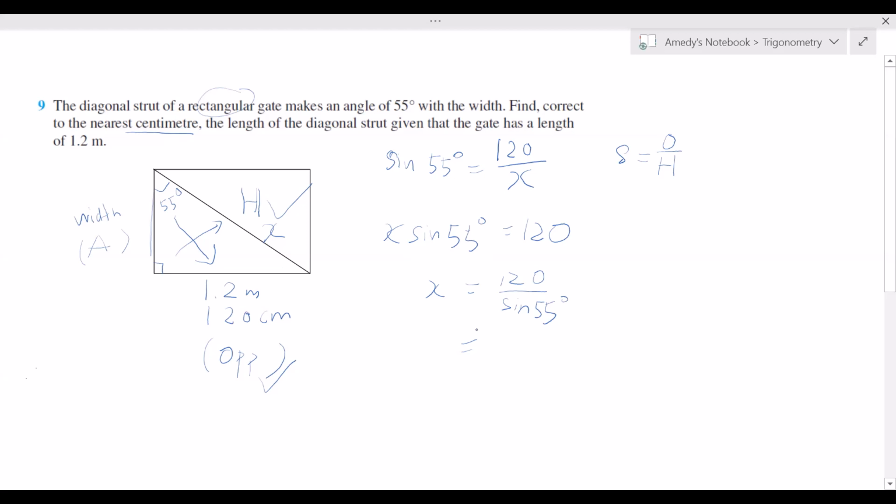Don't forget, if your calculator shows a syntax error, you probably need to close the bracket after 55. Now, if your calculator shows 146.49..., good, you're on the right track. And then let's round to the nearest centimeter. So it's 146 cm. Done.